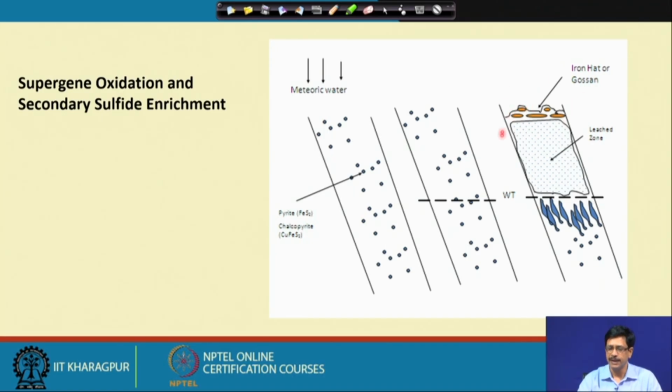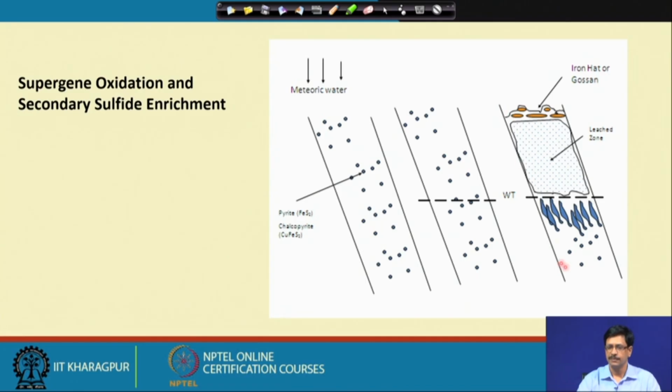This H2SO4 dissolves the other metals like lead, zinc or copper in minerals like chalcopyrite, sphalerite or galena, and they are converted to their very soluble sulfate form, and they descend, because this zone has high permeability. Through it the dissolved metals like copper, zinc and lead go down, and as and when they cross the water table and encounter a reducing environment, all these sulfates get reduced again to form their secondary sulfides.